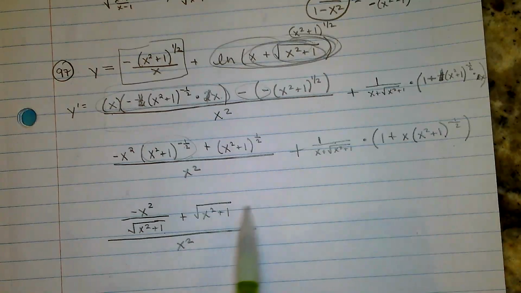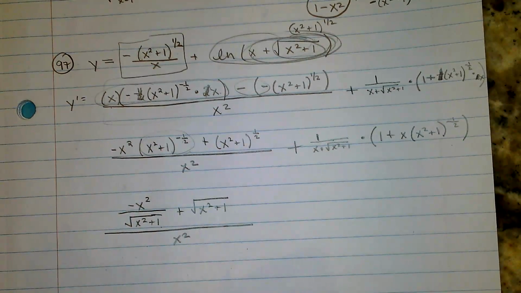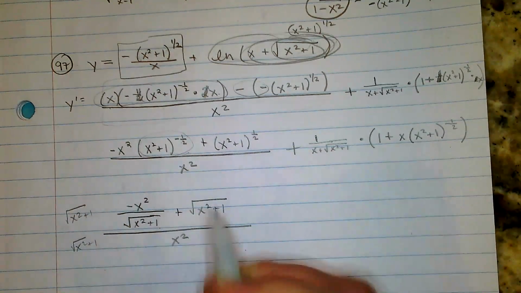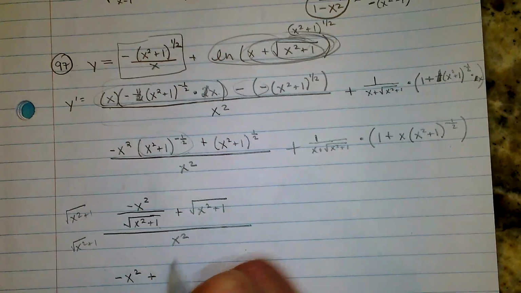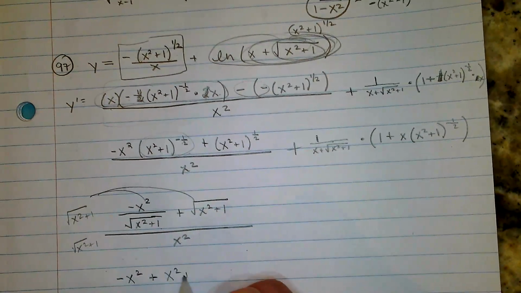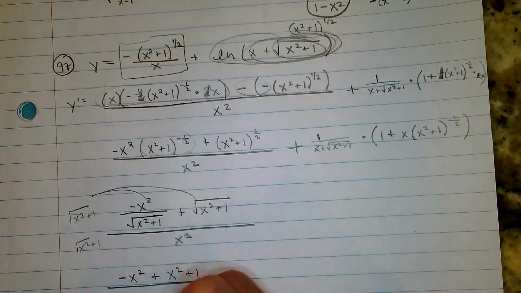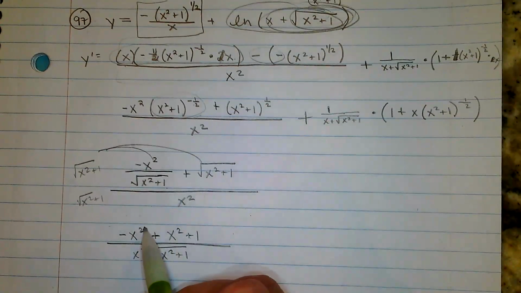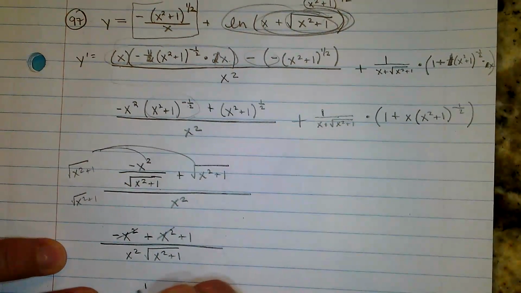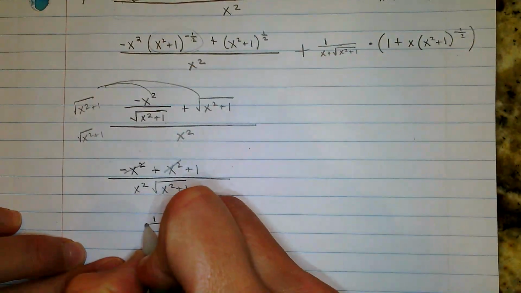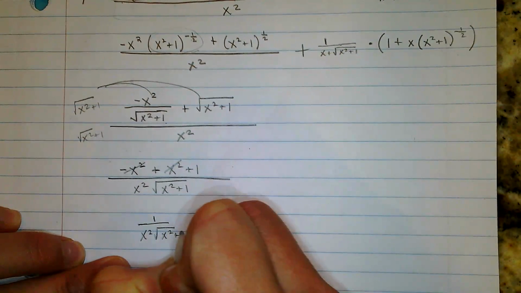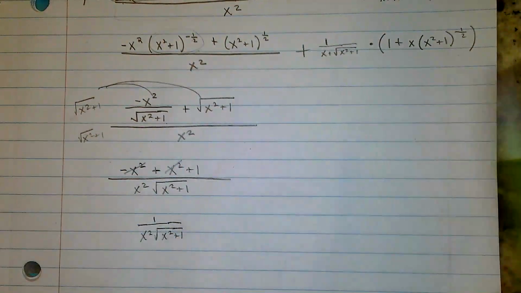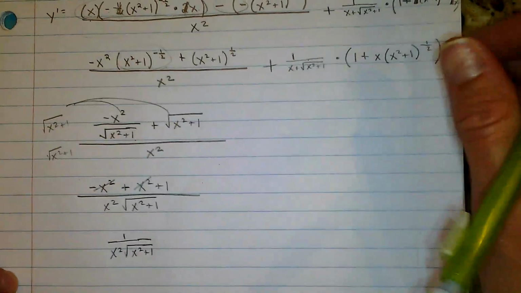And if I can clear that complex fraction, multiply by root x squared plus 1, root x squared plus 1, and I get negative x squared plus x squared plus 1 over x squared root x squared plus 1, which has the benefit of the negative x squared and the positive x squared canceling. 1 over x squared root x squared plus 1. Okay, left part only. Oh, this is hilarious.